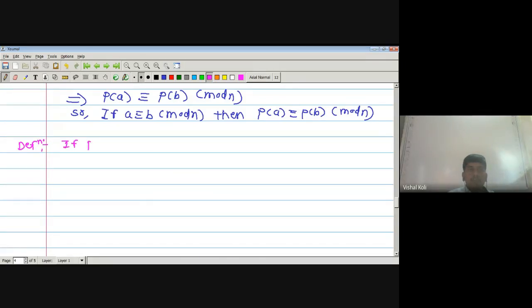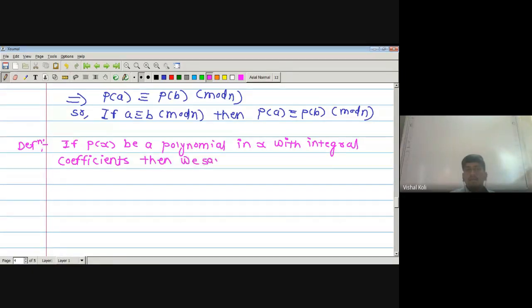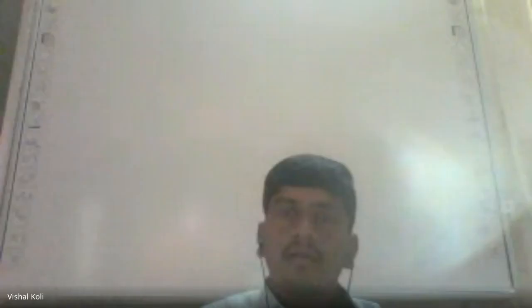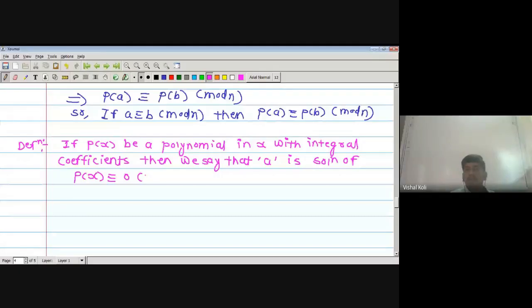If P of x be a polynomial in x with integral coefficients, then we say that A is a solution of P of x congruent to 0 modulo n if P of A is congruent to 0 modulo n.